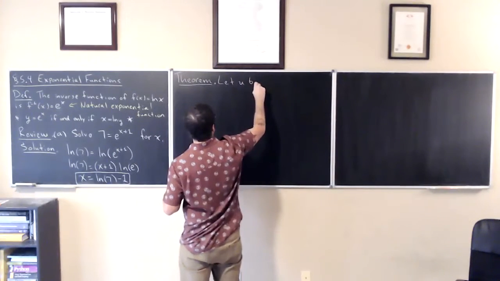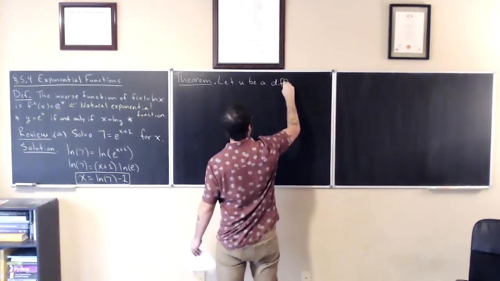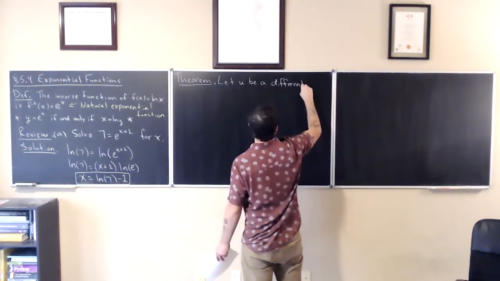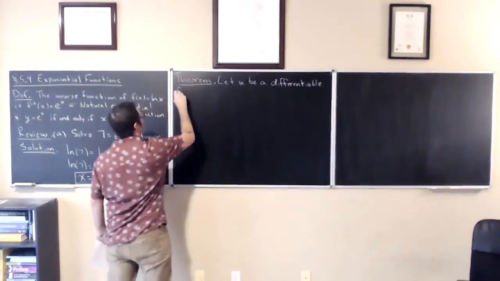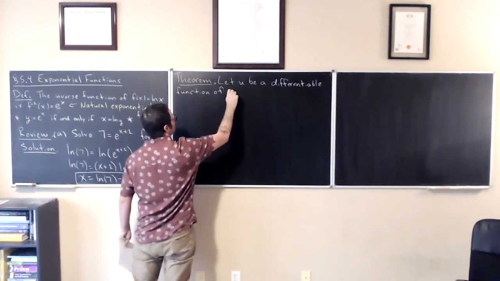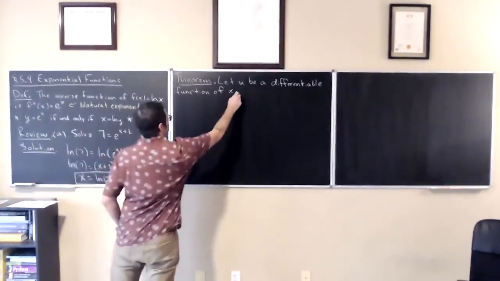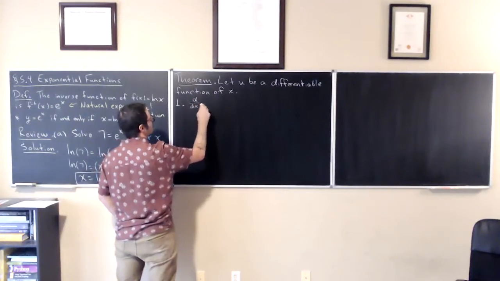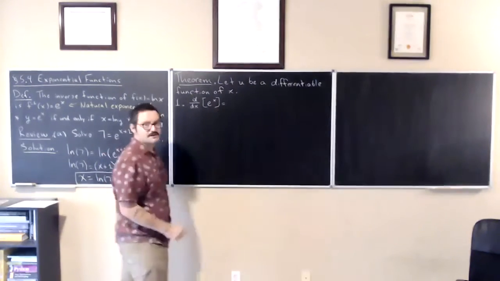Let u be a differentiable function of x. Then, one, d dx, the derivative with respect to x of e to the power x, is just equal to e to the power x.